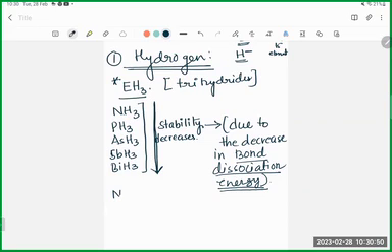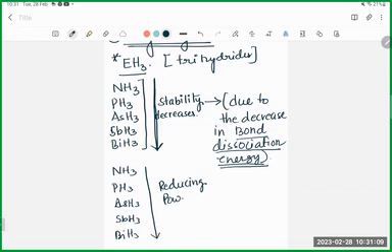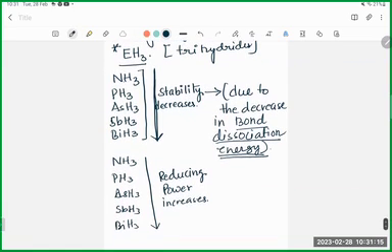So when I'm talking about the reducing behavior, in these compounds bismuth has high reducing characteristic as compared to ammonia.